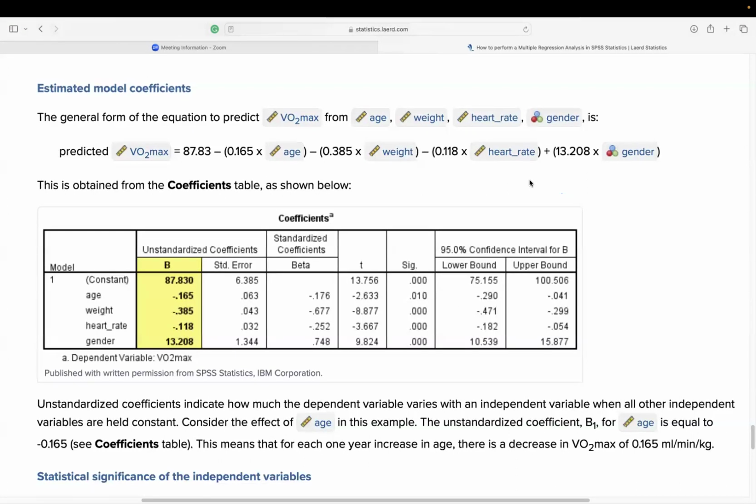Were all of these variables in this model significant? Yes, they were. Which variable provided the most strength, the strongest predictor? Gender, exactly. Remember, you look into the standardized coefficients, that's the highest absolute value.